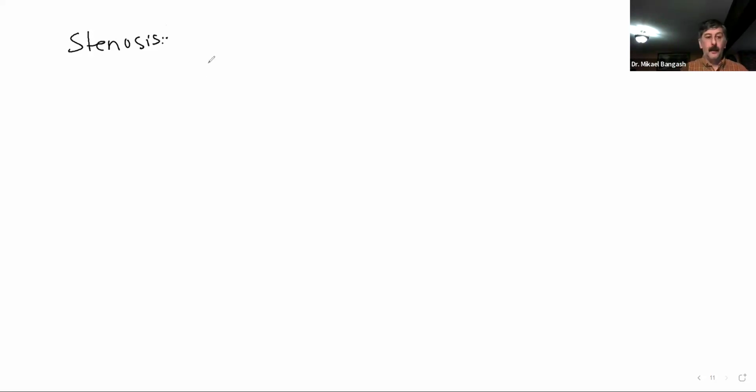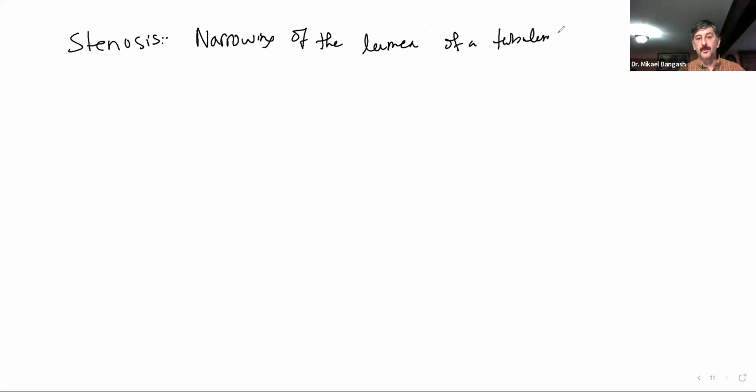What stenosis mainly just means is narrowing of the lumen of a tubular passage.